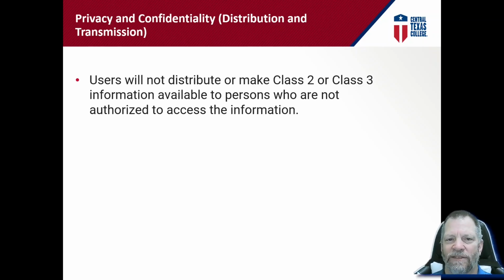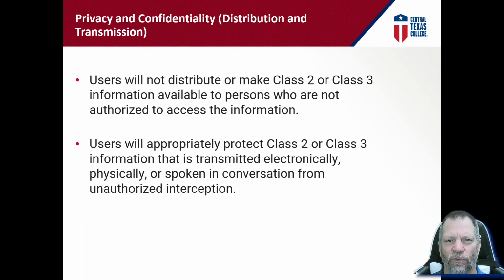Users will not distribute or make Class 2 or Class 3 information available to persons who are not authorized to access that information. Users will appropriately protect Class 2 or Class 3 information that is transmitted electronically, physically, or spoken in conversation from unauthorized interception.